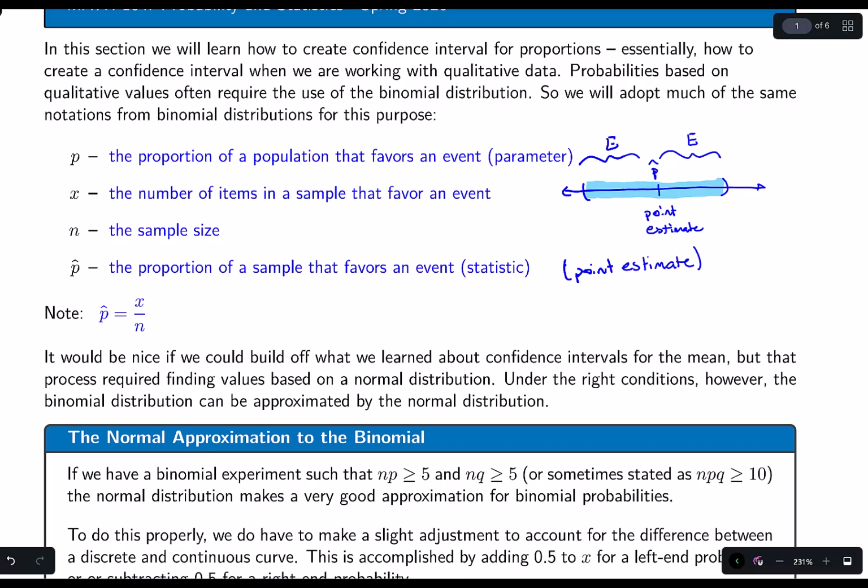Now, we know some things already about confidence intervals. That's all expected to be still in our memory. And it would be good if we could base a lot of what we did in the last section for what we're going to do in this section.